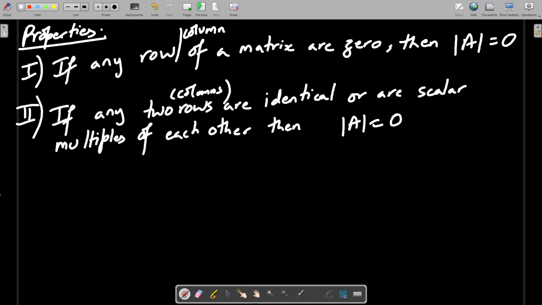So these are two properties which will help us calculate determinants faster. The moment you see some zeros, or one row is a scalar multiple of another, this is going to be true. We had done a similar problem, remember this example from earlier in today's class when we were talking of 2 by 2 matrices. The second row is actually 3 times the first row.